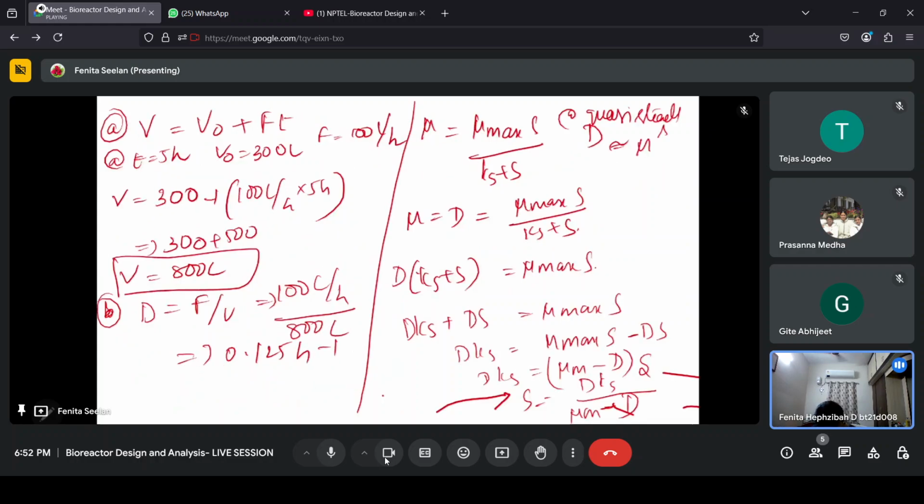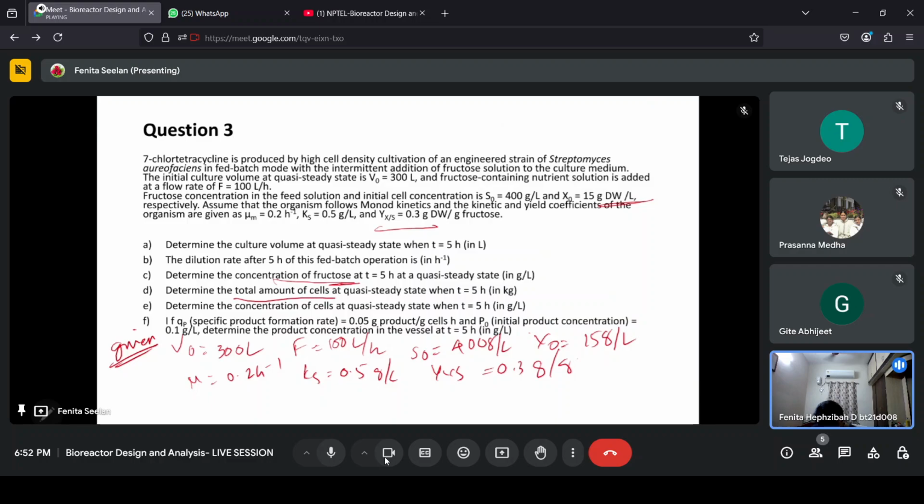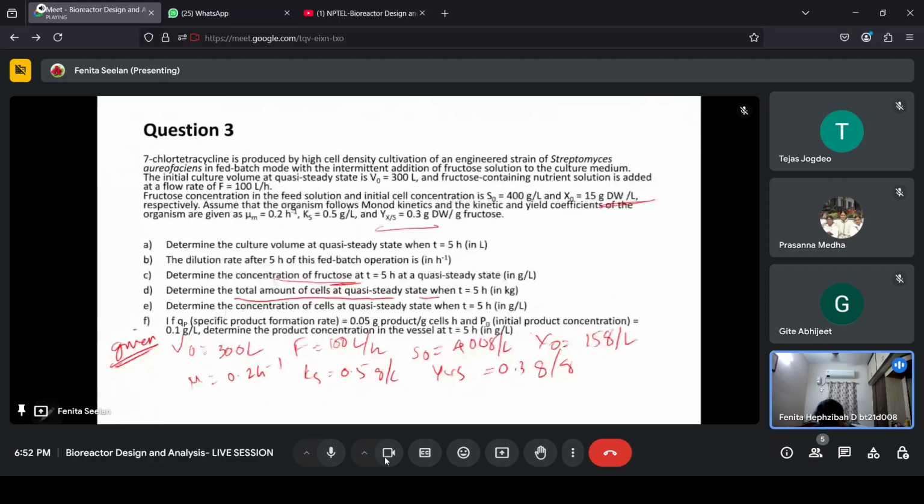So this is the total amount of cells at quasi steady state when time is 5 hours.